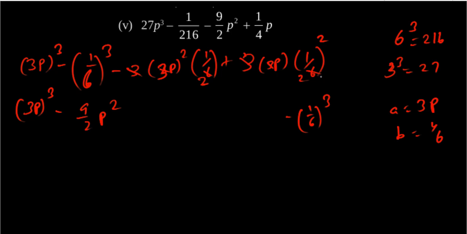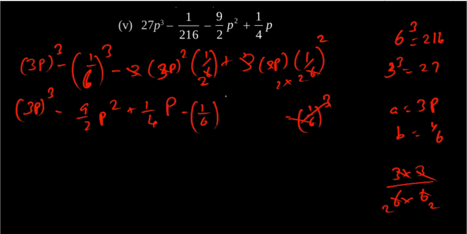So these 2 3's and 2 6's we can cancel, so that we will get 2 2's in the denominator because it is having square. That is nothing but 3 into 3 divided by 6 into 6. So this will go 2 times, this will go 2 times. Ultimately we will get 1 by 4. So plus 1 by 4 p. This is only our given terms. And the last term is this one, minus (1 by 6) the whole cube.